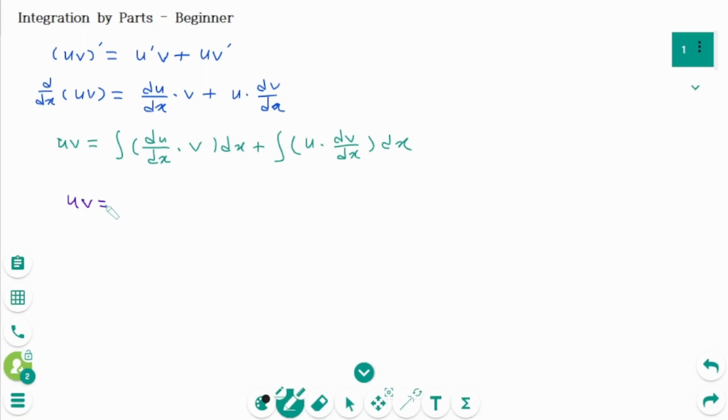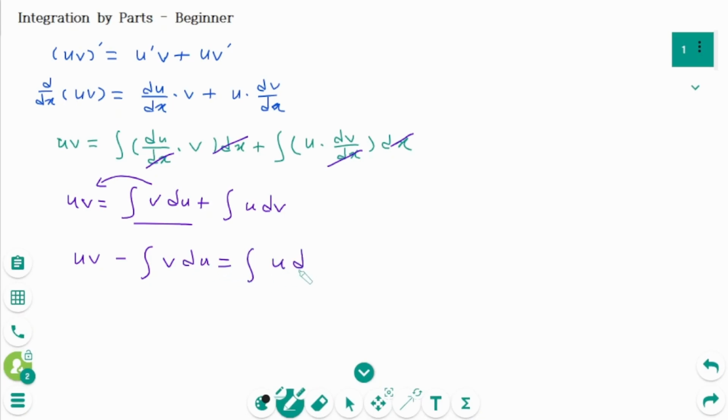Then uv equals the integral of v du plus the integral of u dv, since the dx's cancel. Then move this one to the left: uv minus the integral of v du equals the integral of u dv. Now we have a formula for integration by parts.